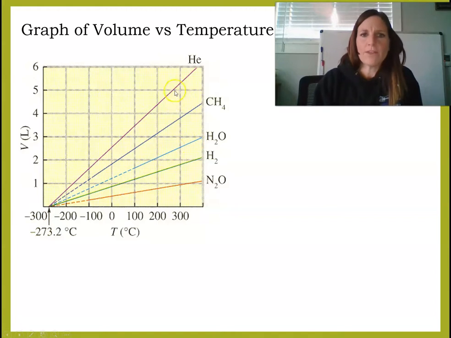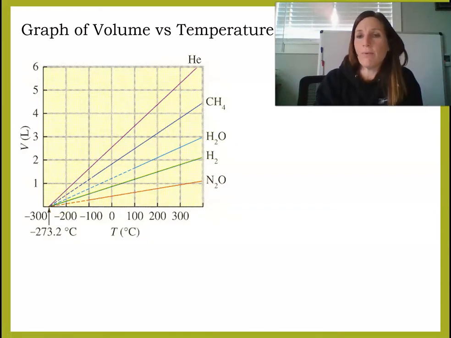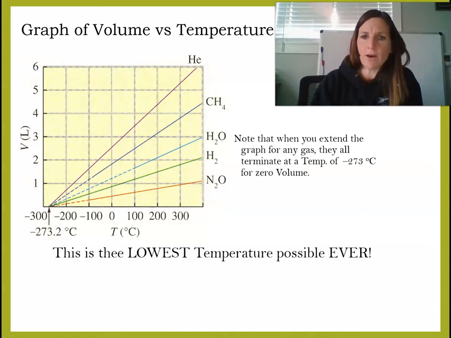With water, with helium, as you cool them, if you look at their trajectory, they are going to crash into the x-intercept at the exact same point. And I know you know this from math, but you can actually calculate where they'll cross. It turns out that they cross at negative 273 degrees Celsius.